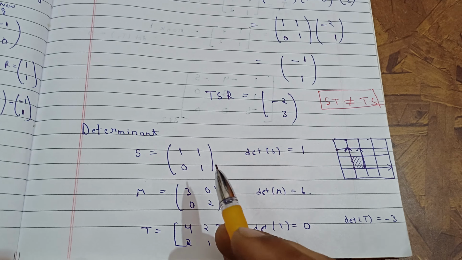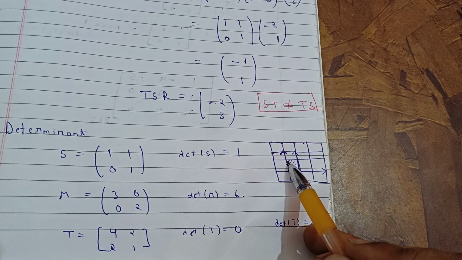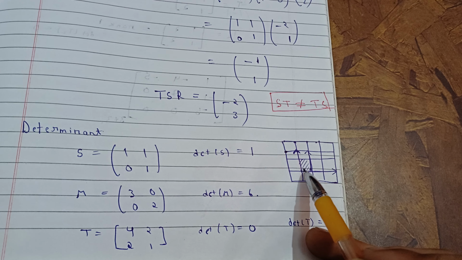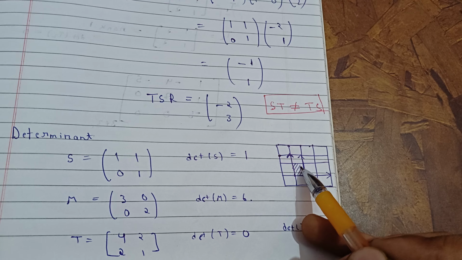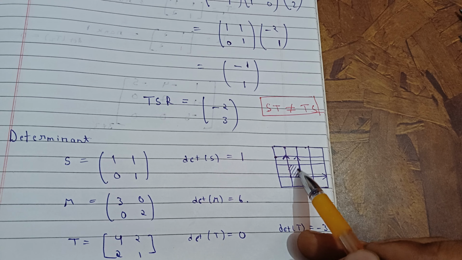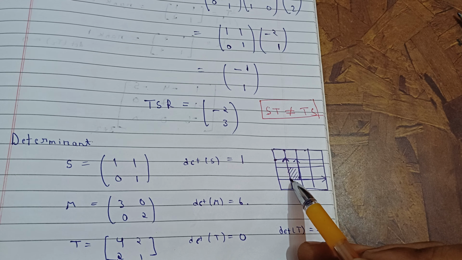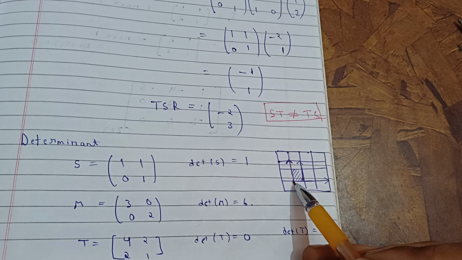In the first space it was 1 0 0 1, so it was 1 i and 1 j, and the area is this. Now the new vectors are 1 0, which is the same, and the second one is 1 1, so it will be here somehow. This is your new. Now the old area is this, and the new area is this parallelogram. Both have the same area, because you know the property of the parallelogram and the square.